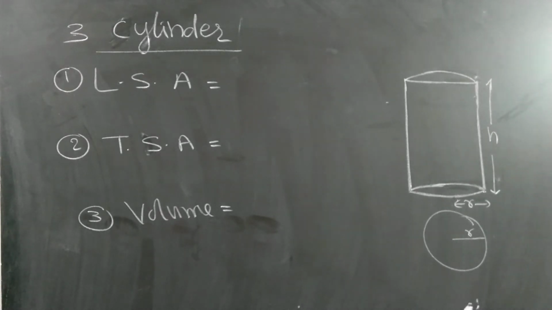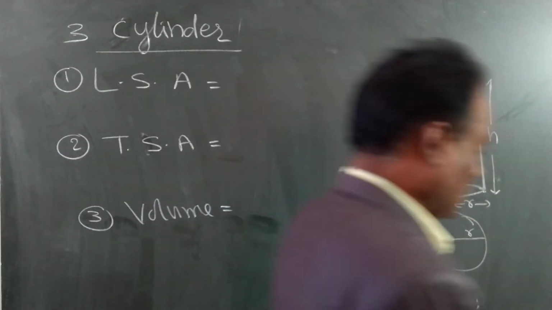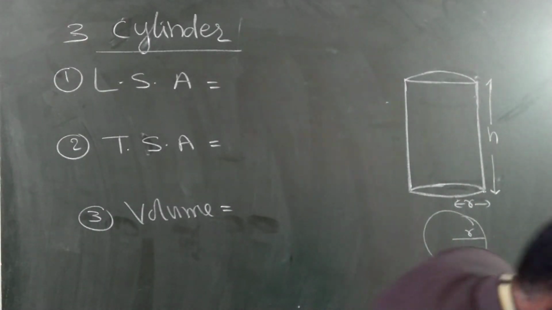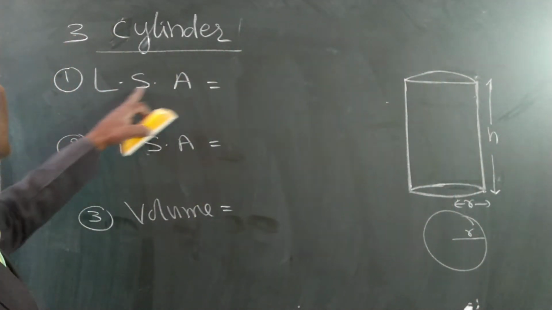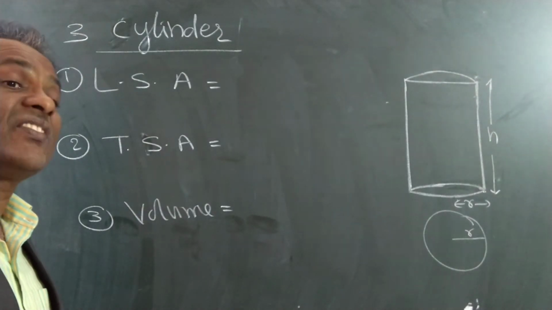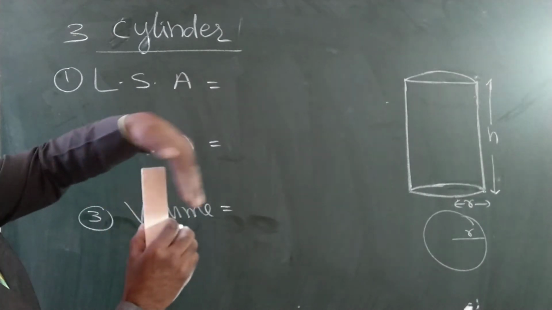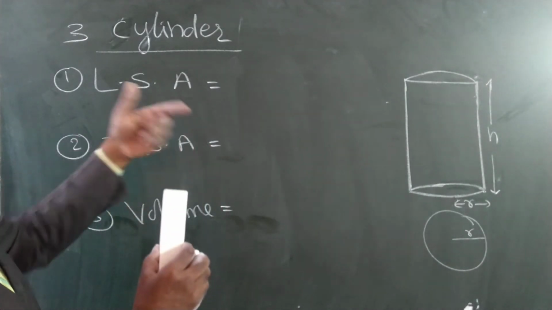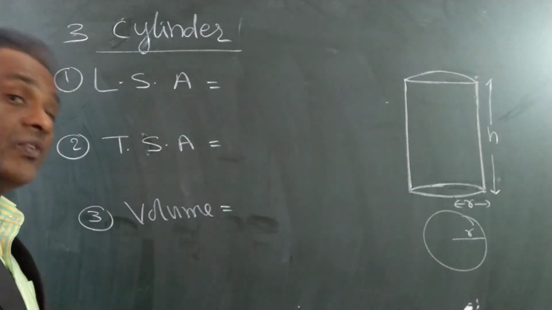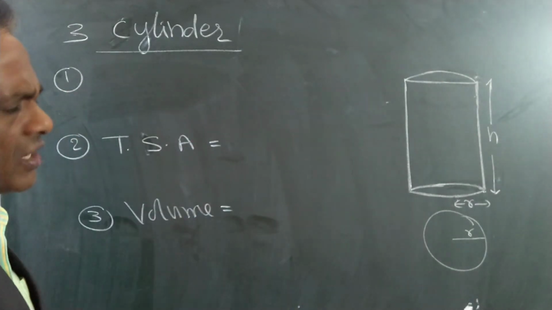Write down. As I said, instead of lateral surface area, we call it curved surface area because it is in the curve shape. So for the cylinder, we also call this lateral surface a curved surface area. So let us write curved surface area.